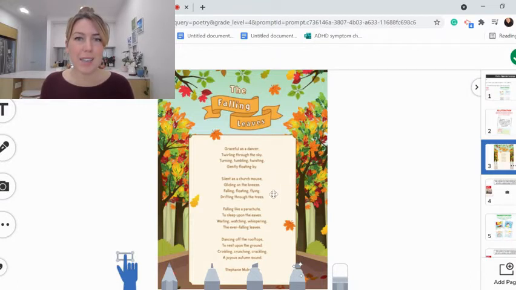Have a look at the second verse here. Silent as a church mouse, gliding on the breeze, falling, floating, flying, drifting through the trees. You can see falling, floating, flying all start with F. That's an example of alliteration. So it's the repetition of that similar sound at the beginning of each of the words.